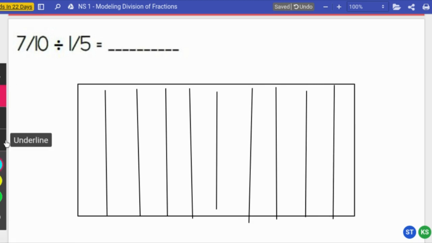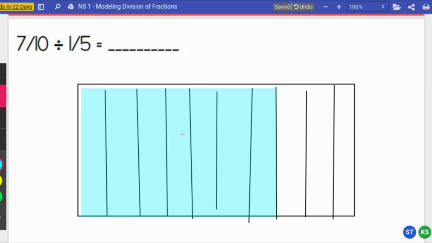So I'm going to go ahead and shade in 7 of my tenths. And I'm dividing it into groups of 1/5. So I want to count how many groups of 1/5 are in 7/10.